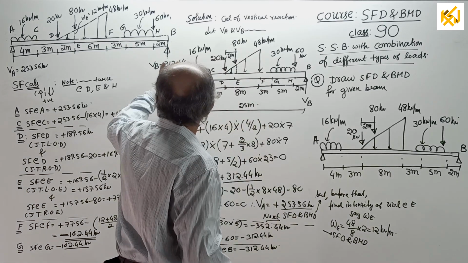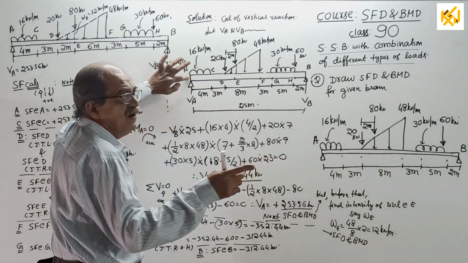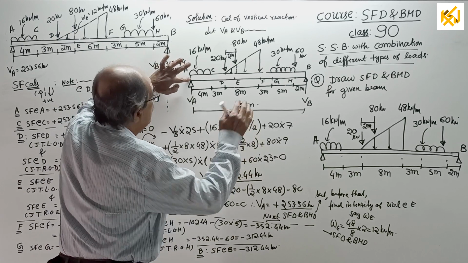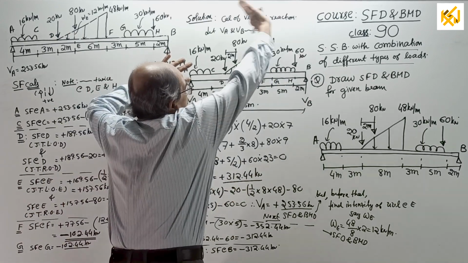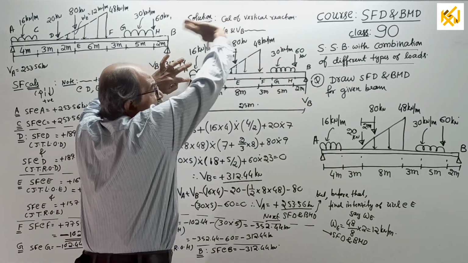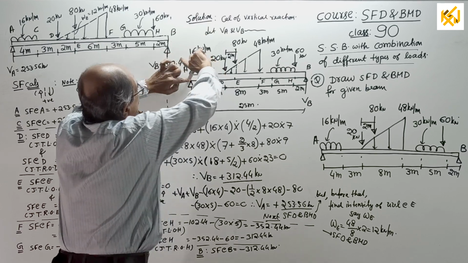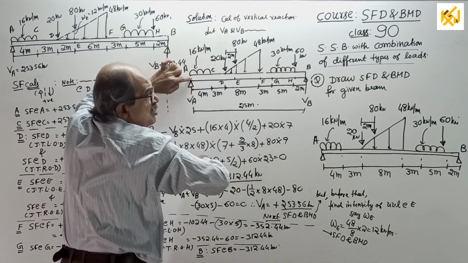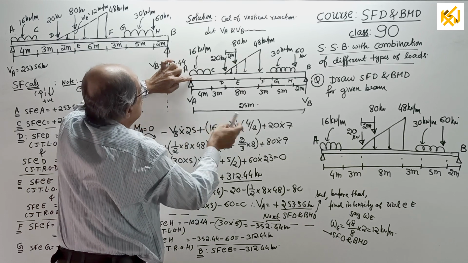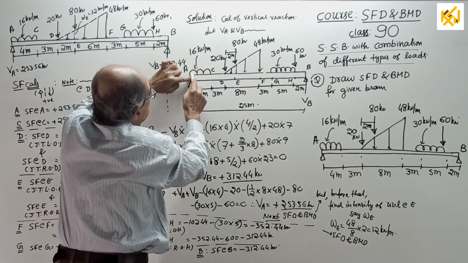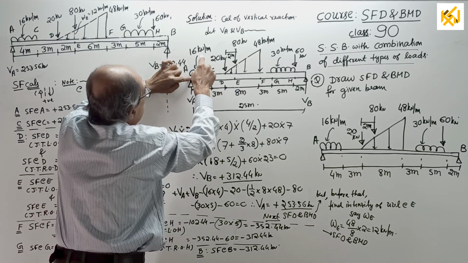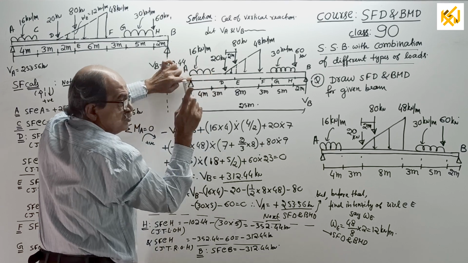Now, moment about A as usual. I will explain again, see correctly. VB into 25, anticlockwise, so minus. Now all the loads will create clockwise moment, so plus. Plus 16 into 4, the total load into the center, 4 by 2.